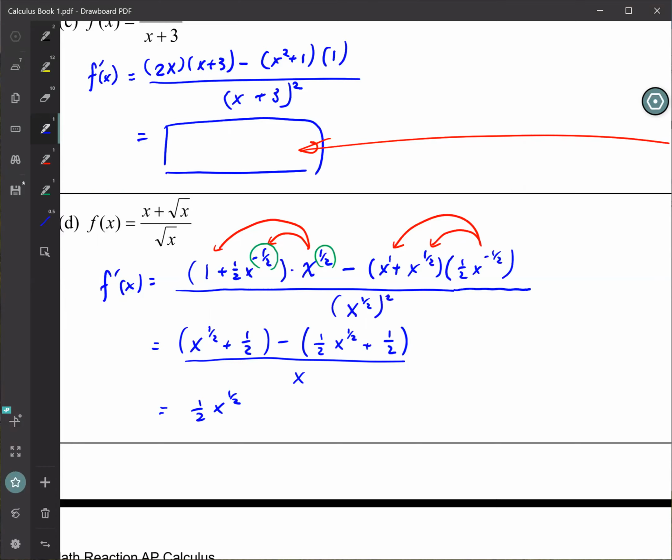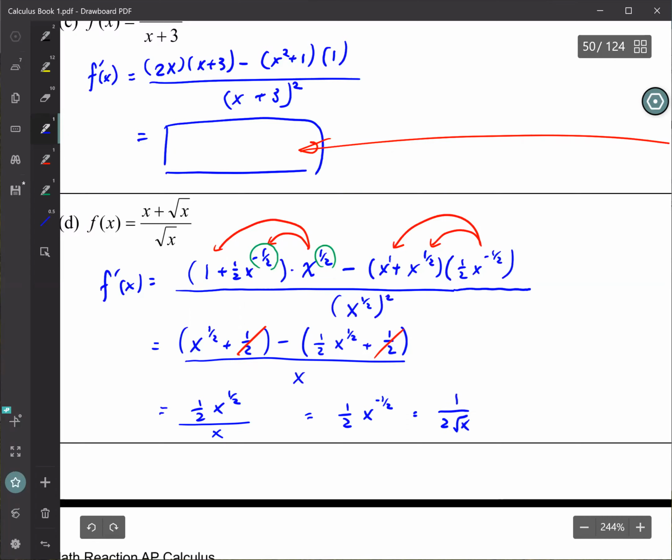The half cancels out, and then all over x. And then we simplify that. When we divide, you subtract the exponent, so it'll be half x to the negative half, which simplifies into 1/2 root x.